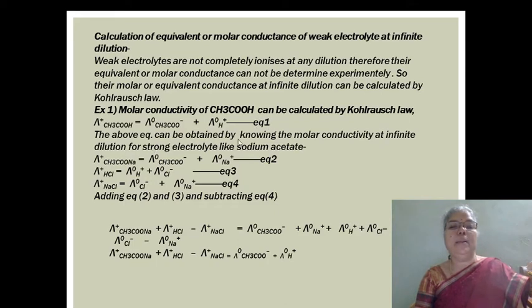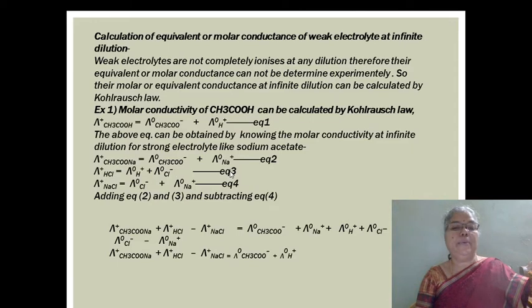The above equation can be obtained by knowing the molar conductivity at infinite dilution for strong electrolytes like sodium acetate also. Here again we can write lambda 0 of CH3COONa is equal to lambda 0 of acetate ion plus lambda 0 of Na plus ion. Let it be our equation number 2, and lambda 0 of HCl is equal to lambda 0 of H plus plus lambda 0 of Cl minus.